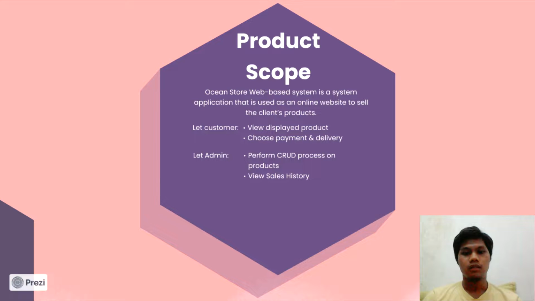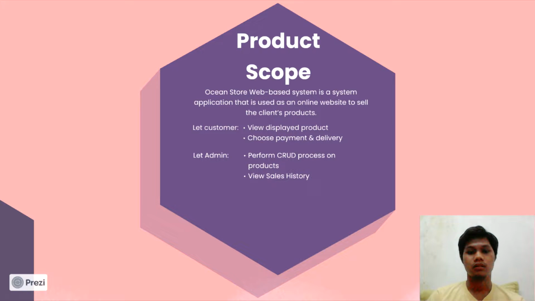So after that, we also provide the product scope. As you know, the system, namely the Ocean Storage System that we develop for our client, is an online website to sell the client's product. So there are two sites that the system has.